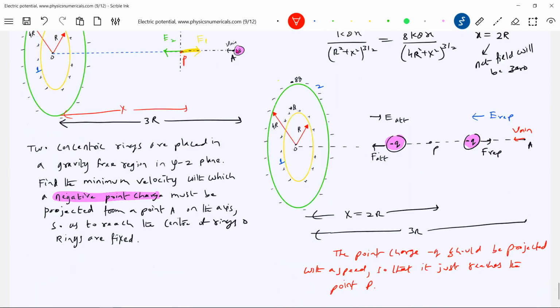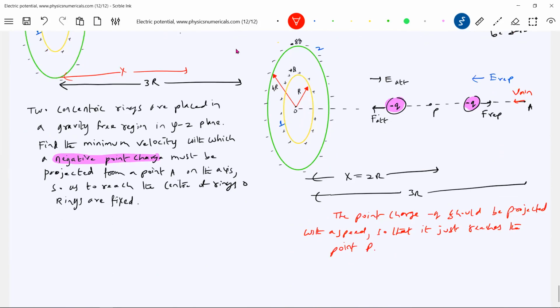So let me apply that. Initial kinetic energy at A plus work done by the electrostatic force in moving a charged particle from A to P should be equal to the final kinetic energy at point P. Initial kinetic energy is half m V minimum square. Work done in moving a charged particle should be equal to charge times (VA minus VP).